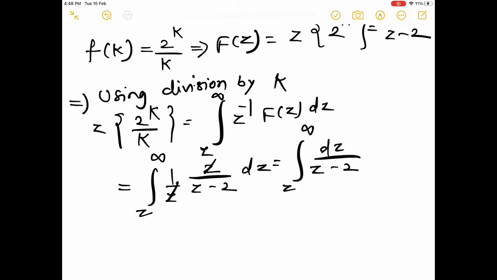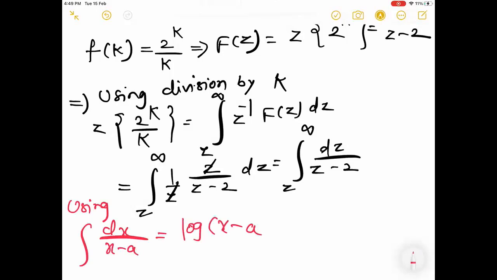Vani madam, for this 1 upon x integration, the formula we are using is: dx upon x minus a is log of x minus a. Here z minus 2 is a linear term, so we get the logarithmic answer.